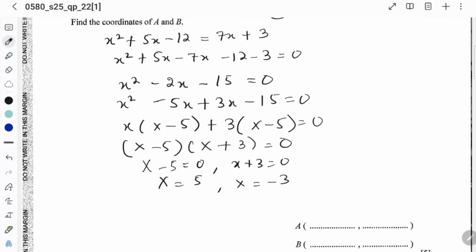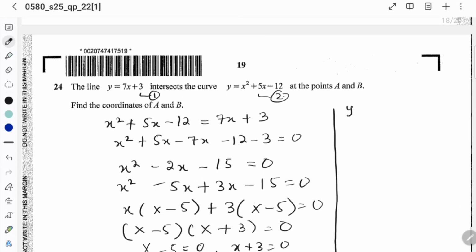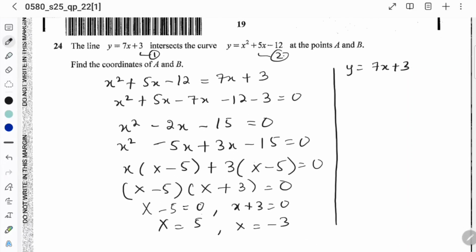Alright, now we have to find the coordinates also. The main equation is y equals 7x plus 3. When x equals minus 3, y is equal to 7 times minus 3 plus 3, minus 21 plus 3, minus 18 is the answer. So x is equal to minus 3 and y is equal to minus 18.